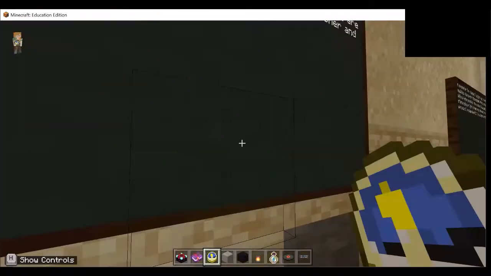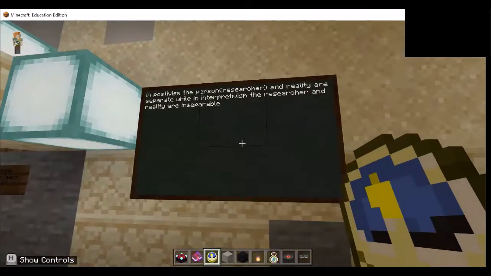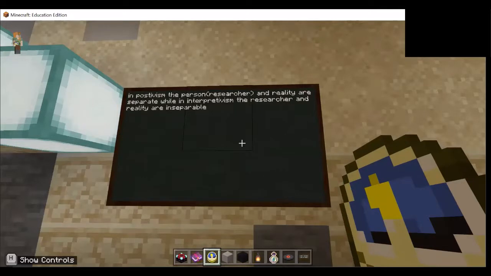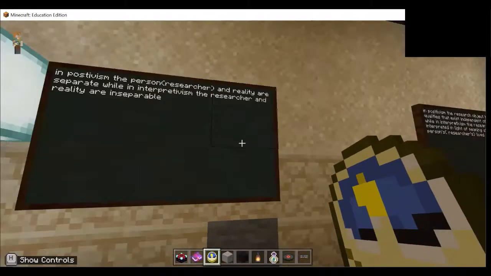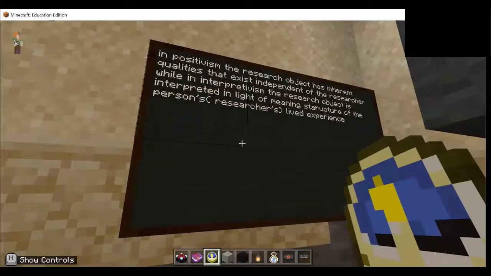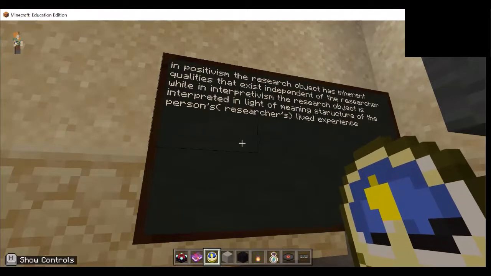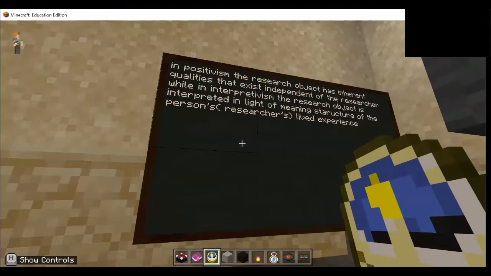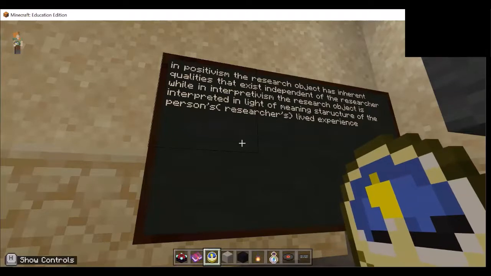So this poster here says that in positivism, the researcher and reality are separate, while in interpretivism, the researcher and the reality are inseparable. In positivism, the research object has inherent qualities that exist independent of the researcher, while in interpretivism, the research object is interpreted in light of the meaning and structure of the researcher's lived experience.